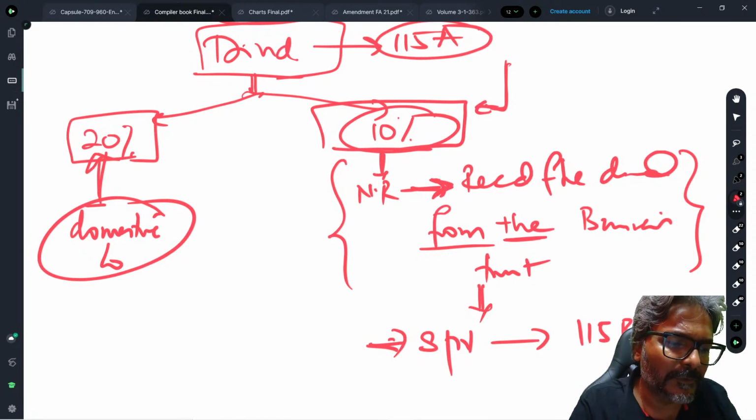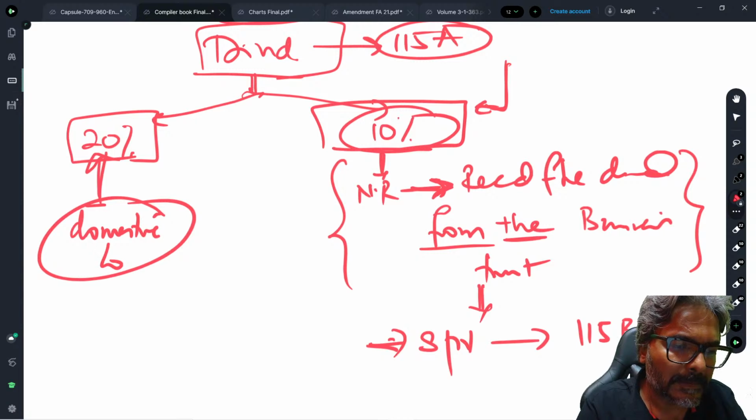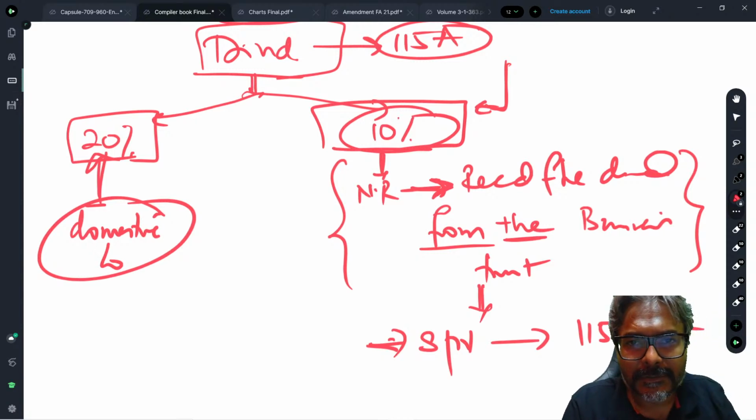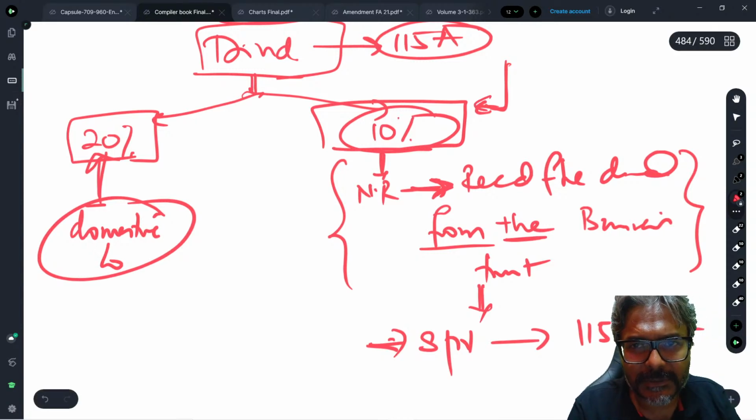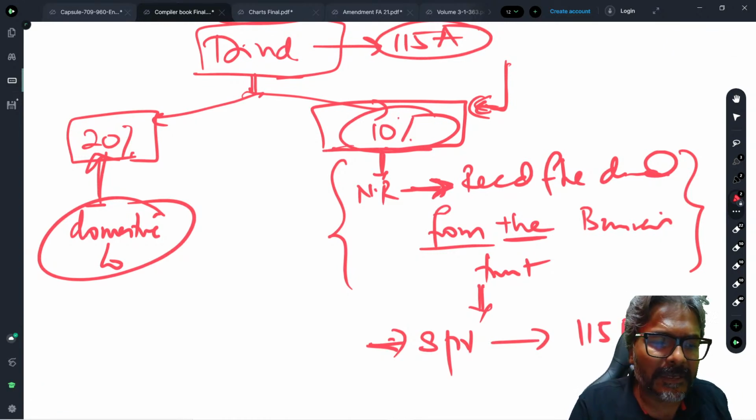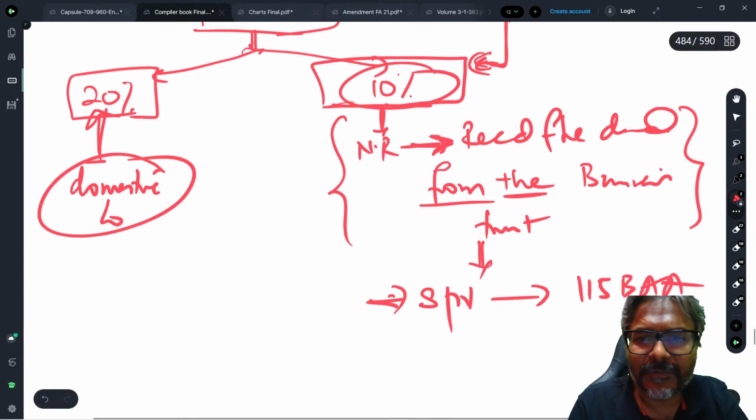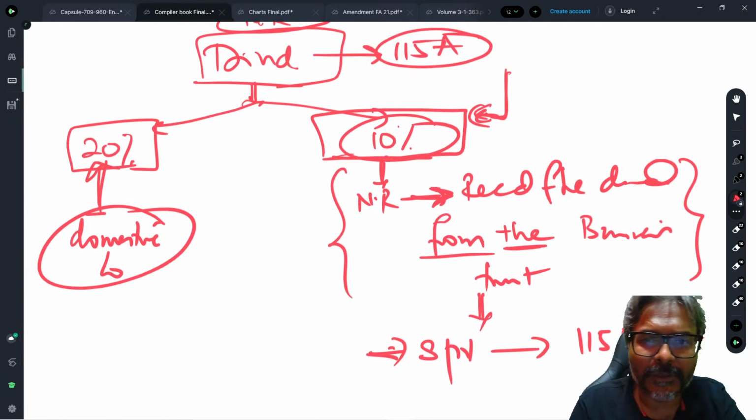That business trust, students, has taken the route of 115BAA. So in this situation, because of 115BAA, finally we will conclude that in this context, this would be the 10% rate. I hope that all of you are clear with this one.